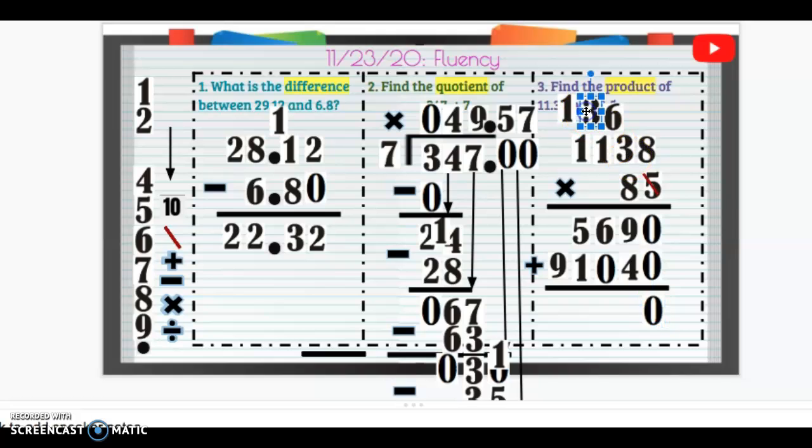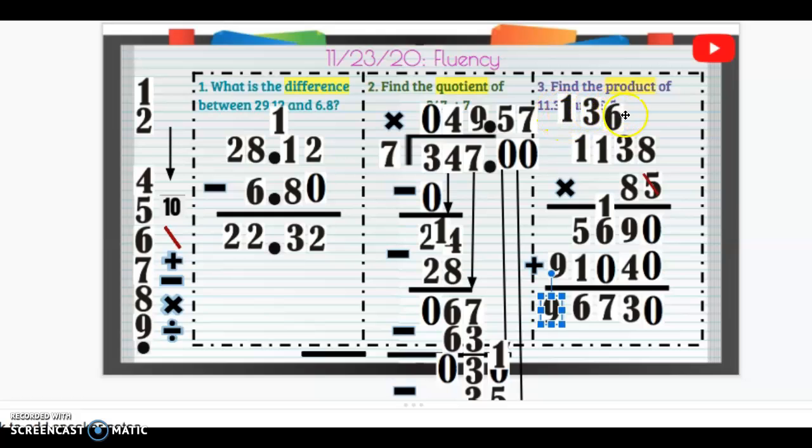You will have all the right numbers. You will not need to make any more. 13. 6 plus 1 is 7. 5 plus 1 is 6. 9 plus a blank space, which would be a 0. So 9 plus 0 is 9.